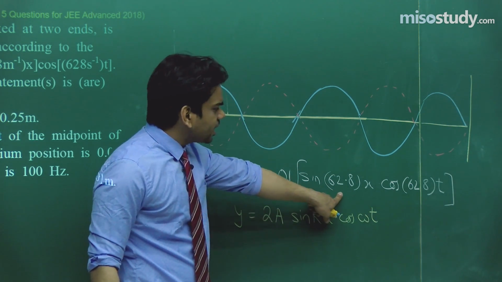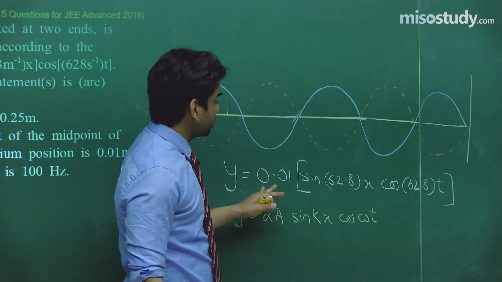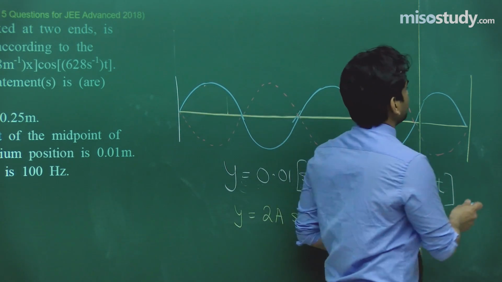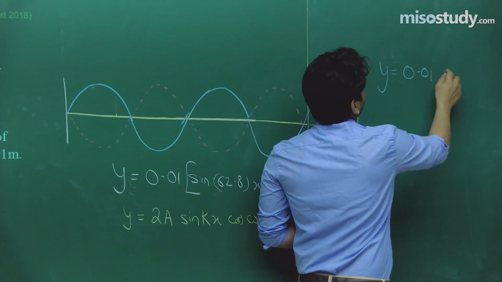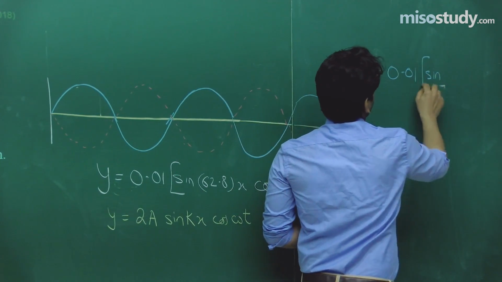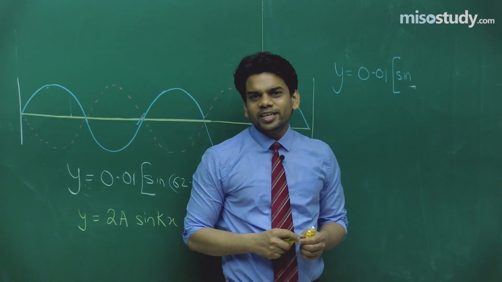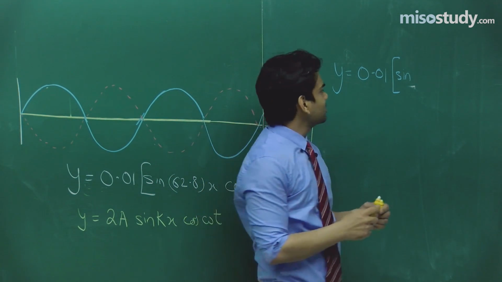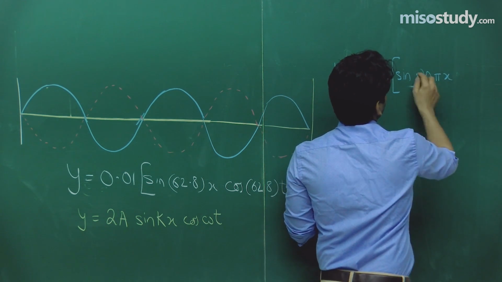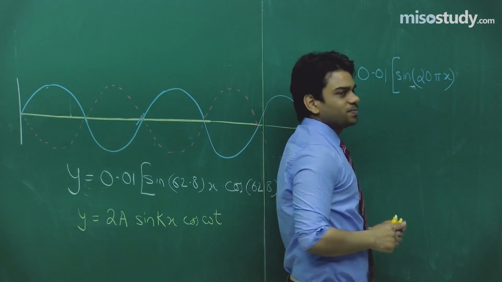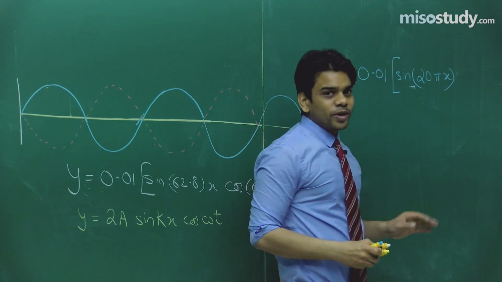Can we write down this equation in a different way? First of all, let us write down the equation in a different way. How will it look? y is equal to 0.01 sin, we have 62.8. Can we write that as 20 pi x? Just check, we can write that as 20 pi x, not a problem. 62.8 can be written as 20 pi.